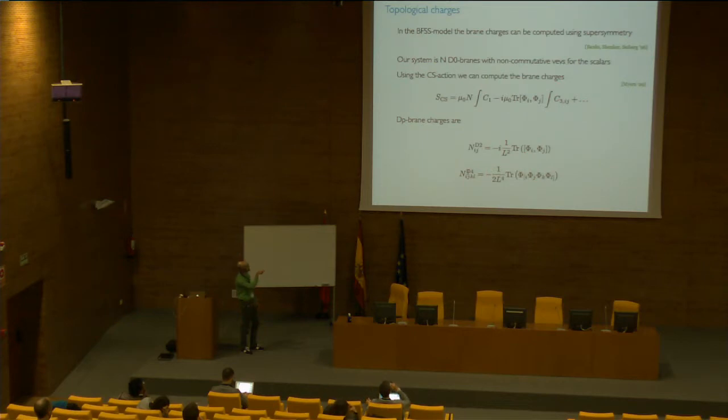You can use supersymmetry and compute the charges as central charges in the supersymmetry algebra, as was done by Banks, Seiberg, and Shenker. But here we are doing type IIA, so we can use what we know about the D0-branes and try to compute these topological charges.